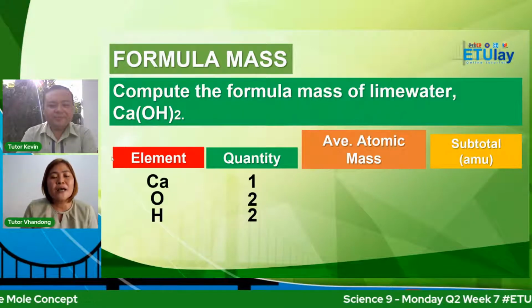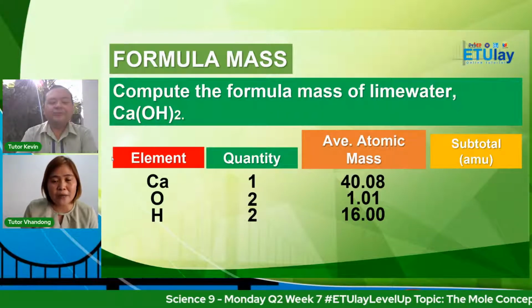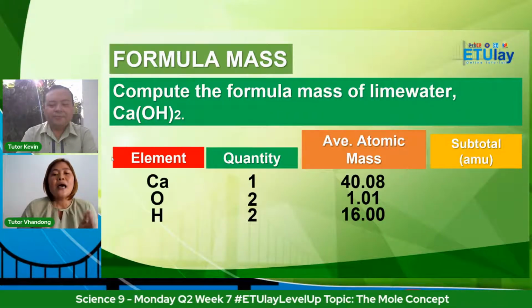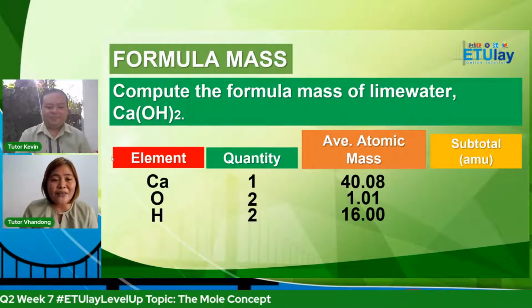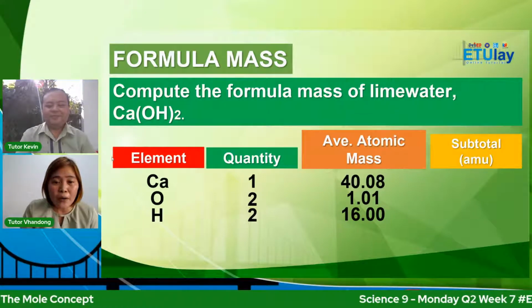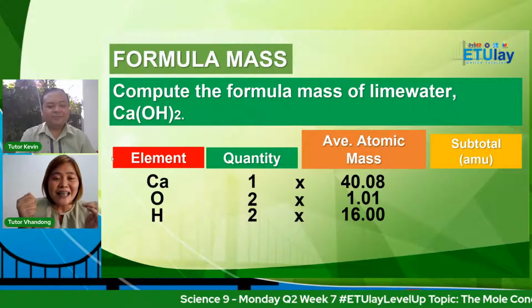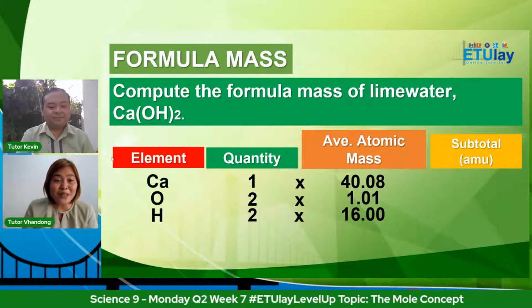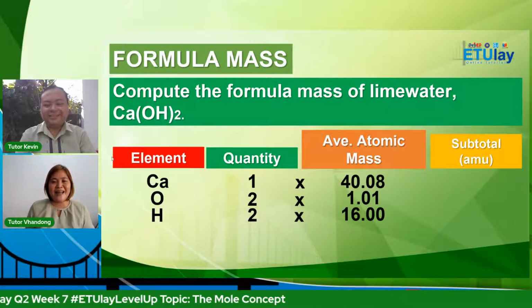The mass for calcium is 40.08, using the periodic table of elements. Oxygen is 16.00 and hydrogen is 1.01.